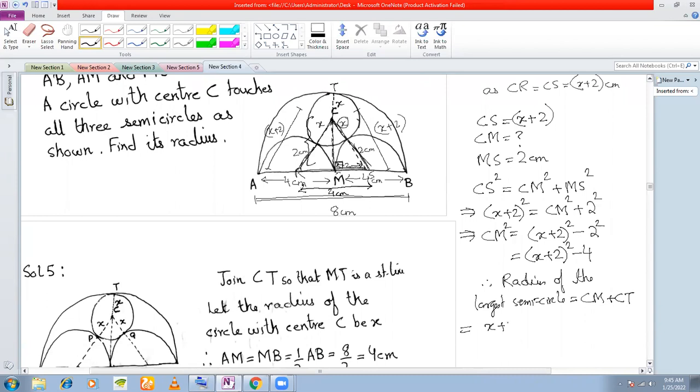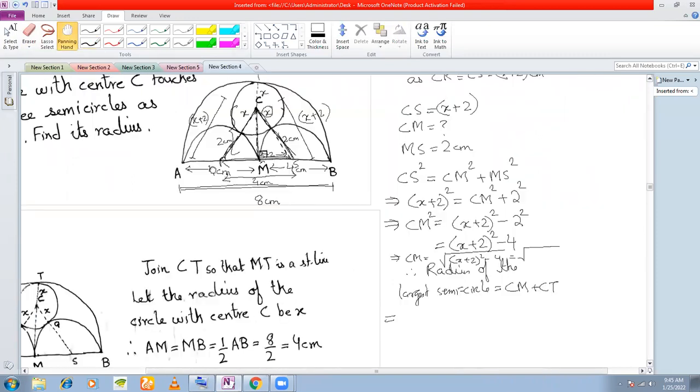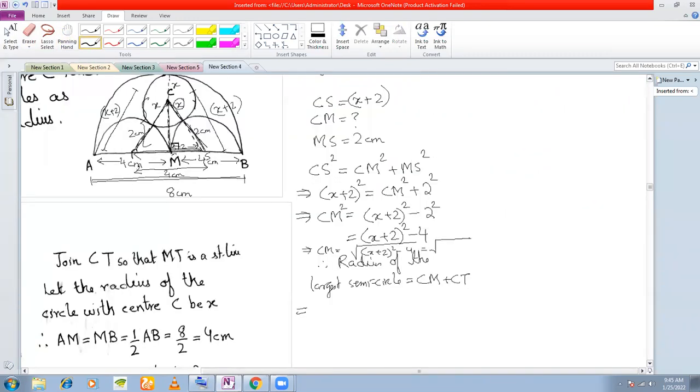CM we have calculated as X plus 2 whole square. Sorry, let me simplify this a little. CM is the square root of X plus 2 whole square minus 4. If you expand by the A plus B whole square formula inside the radical, how much will you get?